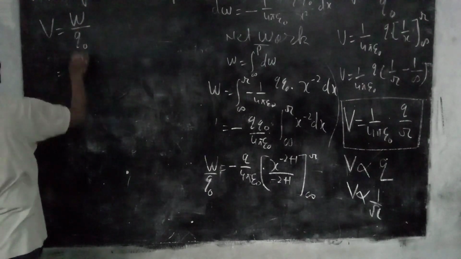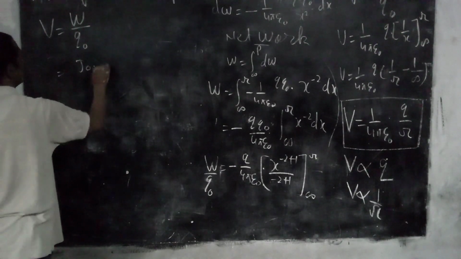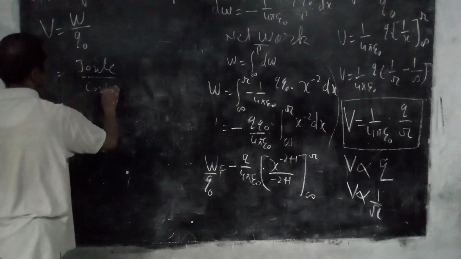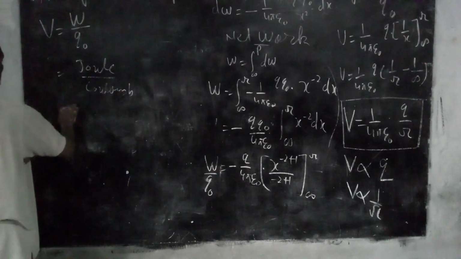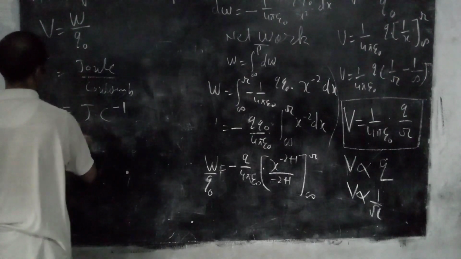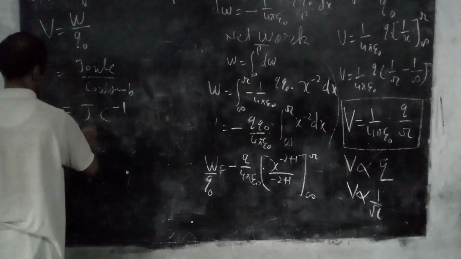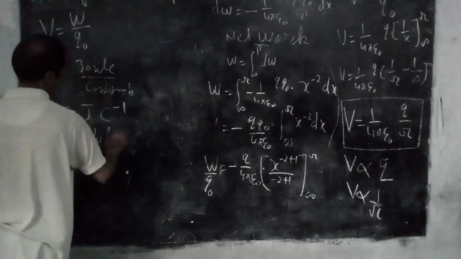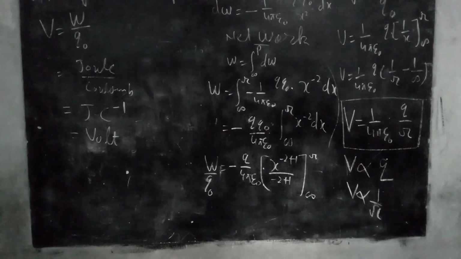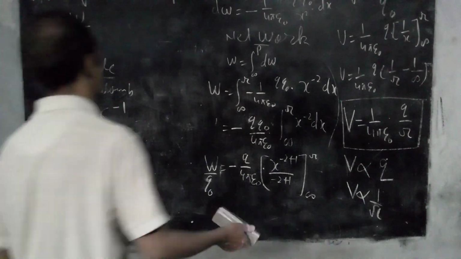The unit of work is joule and q naught is coulomb. So the unit of electric potential is joule coulomb minus 1. This is known as volt. The SI unit of electric potential is volt.